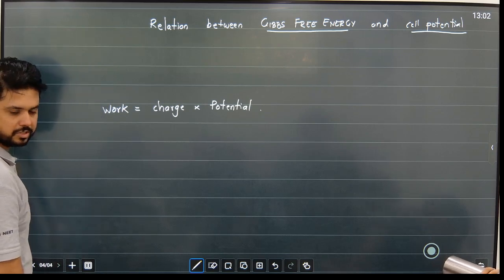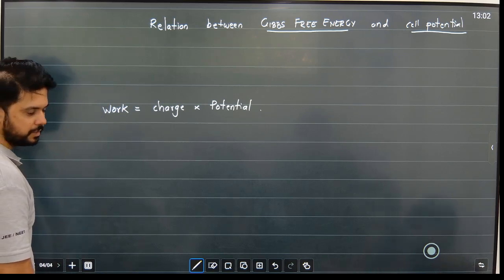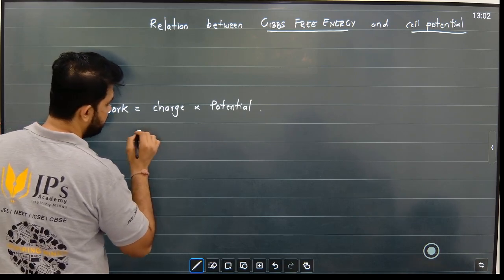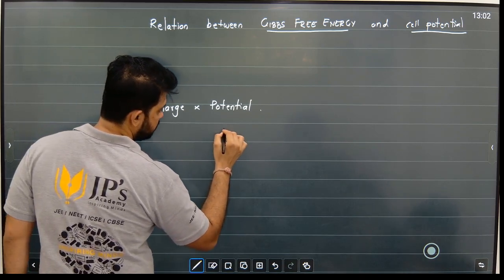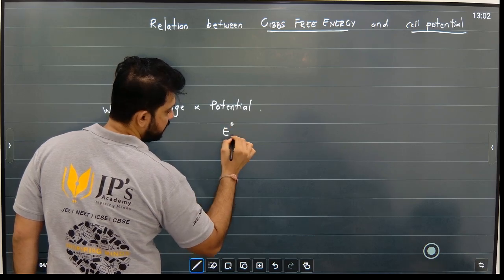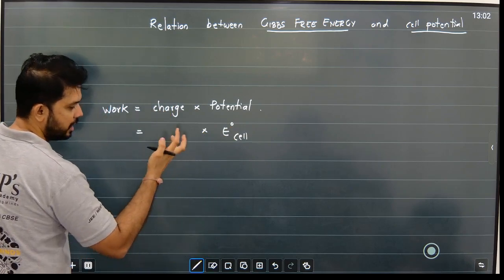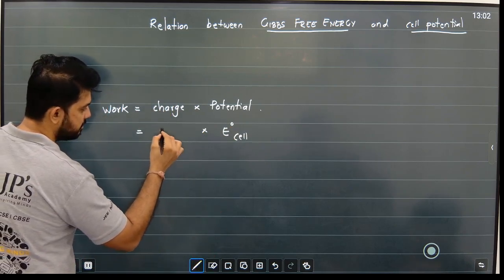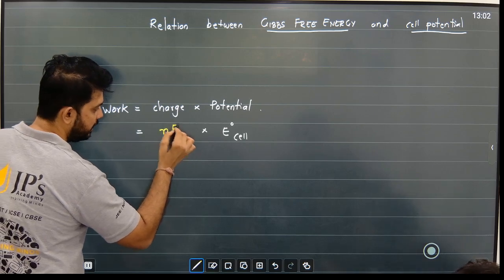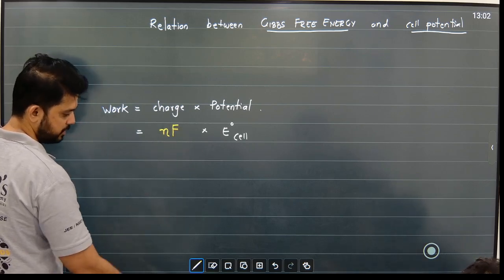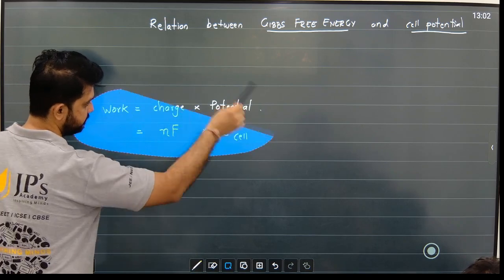Electrical work is charge times potential. Now let's say I have a cell whose standard potential is E naught, so I call it E naught cell, and the charge derived from the cell is given as n into F. I'll explain what that means.